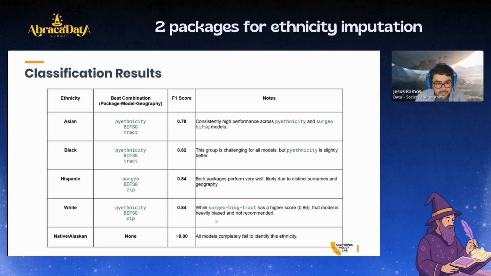But that model is heavily biased and not recommended. This is the combination of model, package, and geography that basically says everyone is white, and that way it achieves higher accuracy. But it's cheating, right? Yeah, the classical precision and recall conundrum.